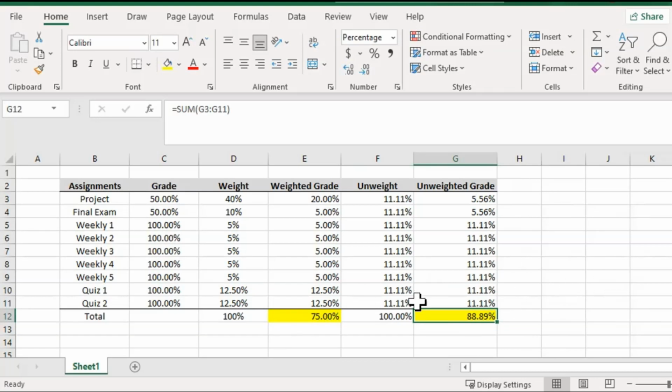Ultimately, we would have a higher grade. And the reason for that in this scenario is because we scored a higher grade on those assignments that, when weighted, are de-emphasized in terms of the final course points.